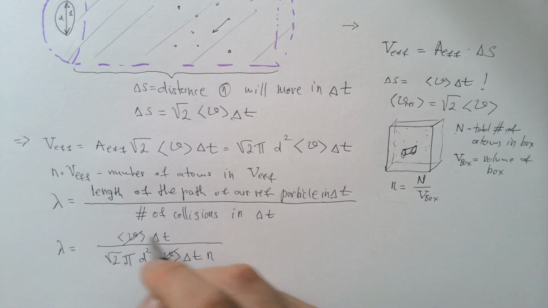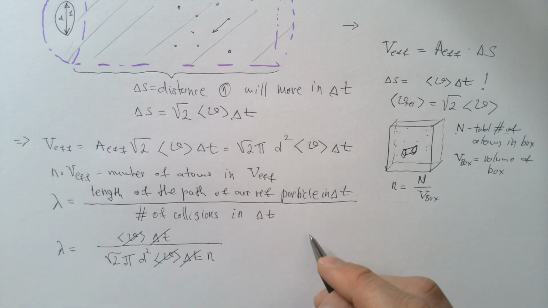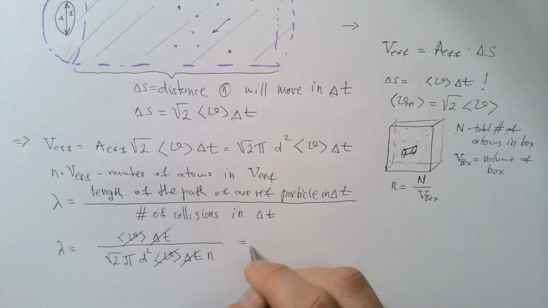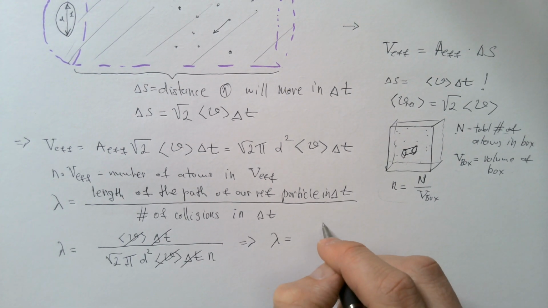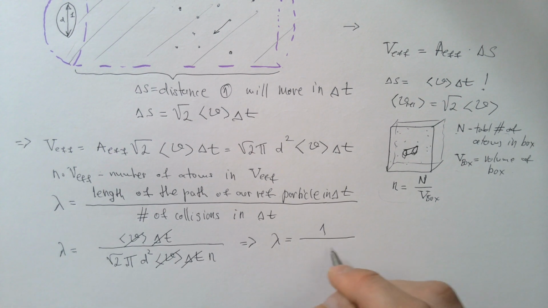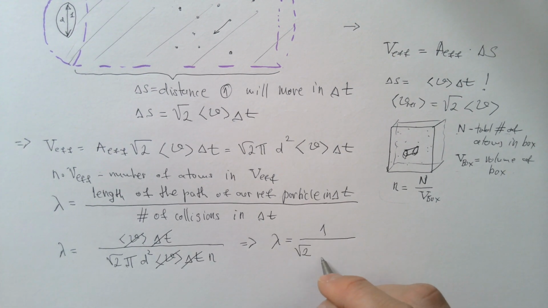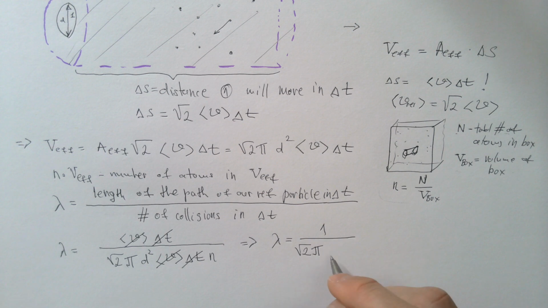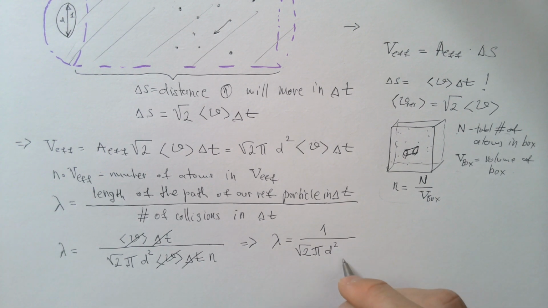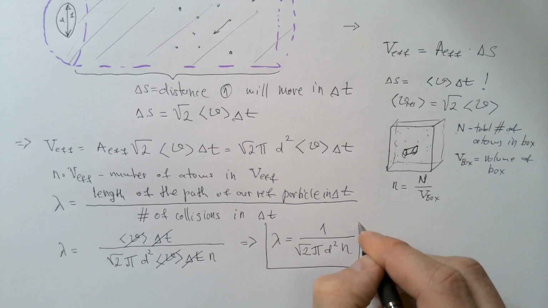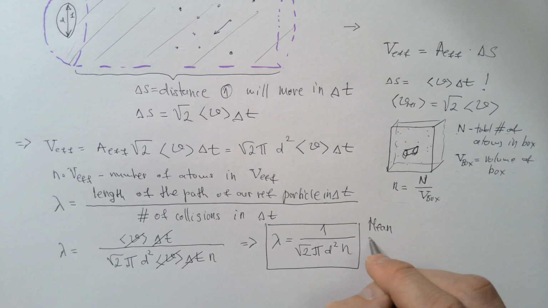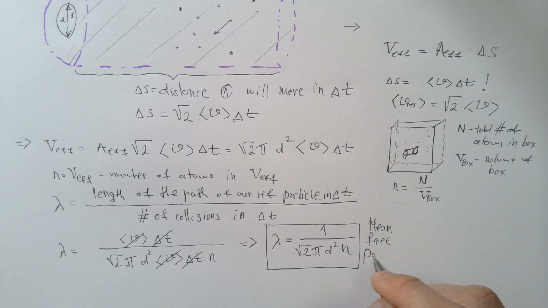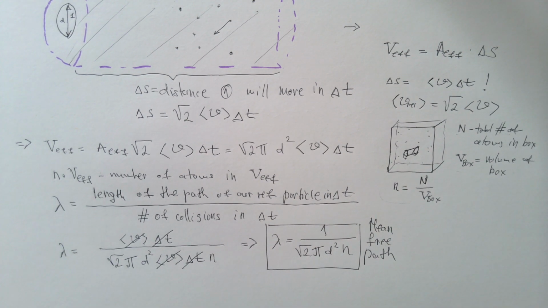Notice that this and this cancel, time and time cancel, and I will get that lambda is equal to 1 divided by square root of 2 pi d squared times n. And this quantity is called mean free path. That is the average distance between two collisions in a gas.